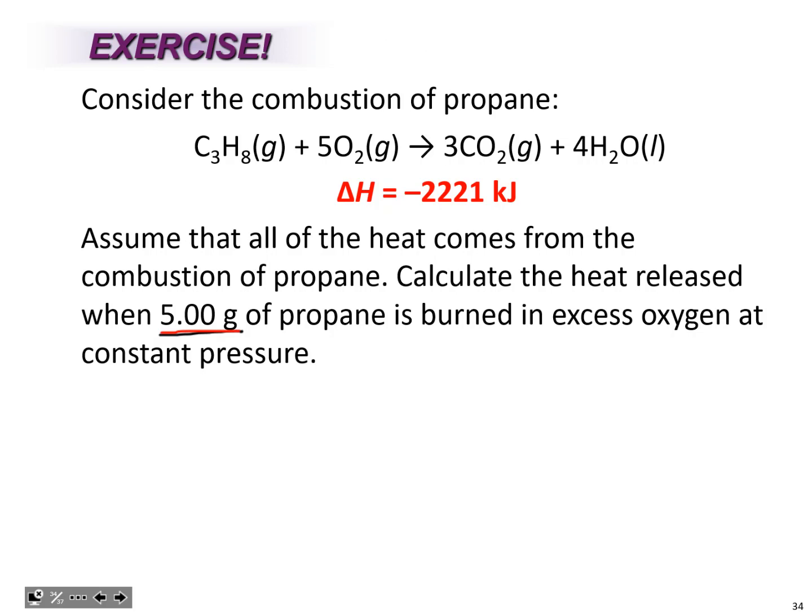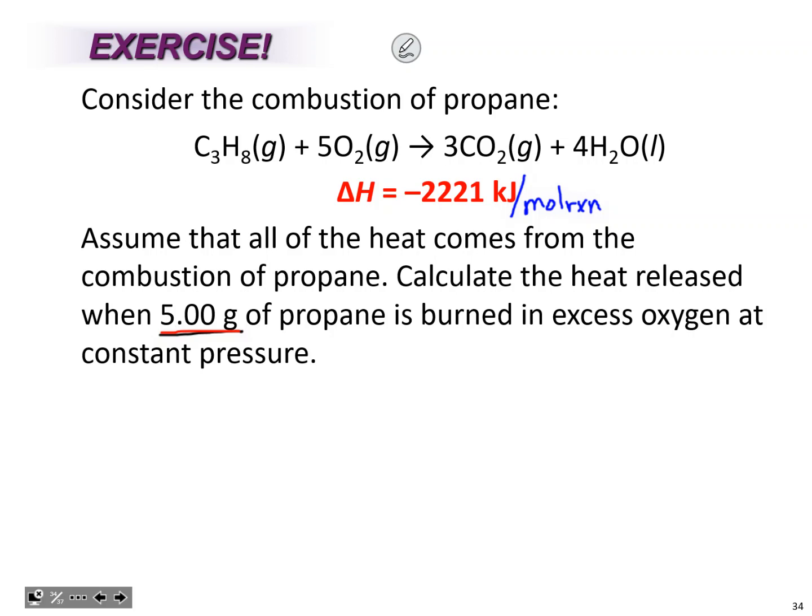Now, the thing that you need to know about the delta H here is this is really kilojoules per mole of reaction. What does that mean, per mole of reaction? That means every time the reaction runs one time, you generate 2,221 kilojoules of heat that goes from the system to the surroundings, because it's exothermic, so delta H is negative here.